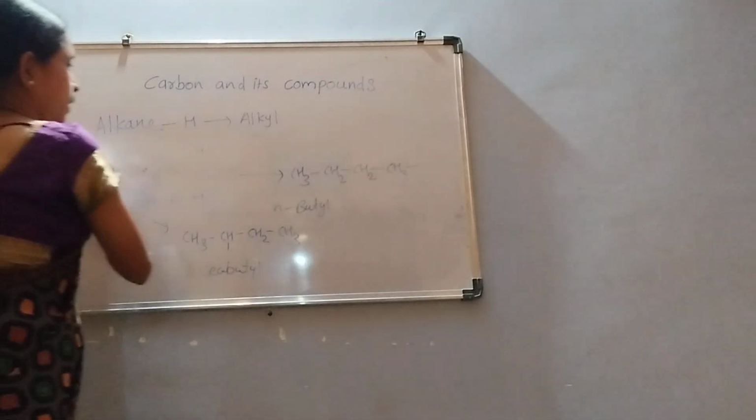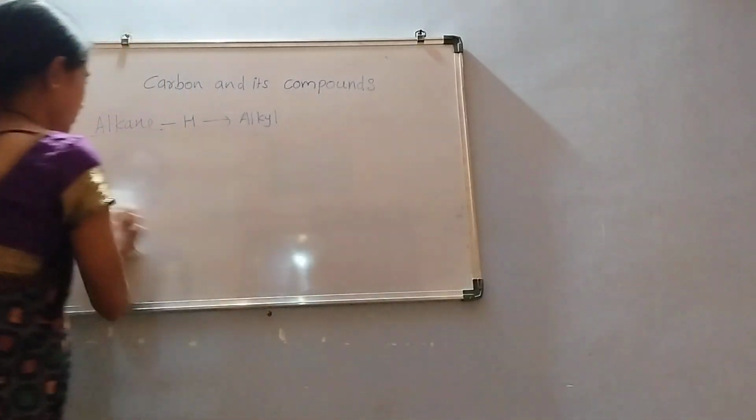Now I will discuss pentane. In this case, this carbon is bonding with 4 carbons, so we call it a quaternary. This is a primary. This is also primary. This is also primary. How are we going to write it in alkyl form? Now CH3.